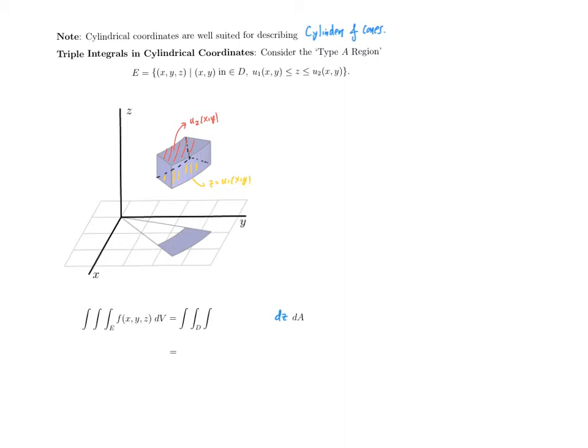So in the z direction, our solid is going to vary nicely between this smaller surface, u1, until we hit this upper surface, u2. So on our inside limits of integration, we are going to be integrating from z equals u1, the smaller surface, to z equals u2, the upper surface.